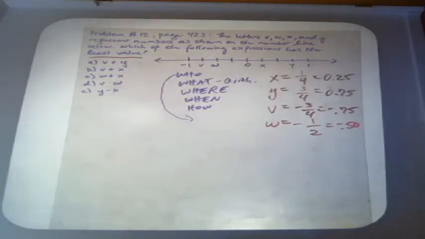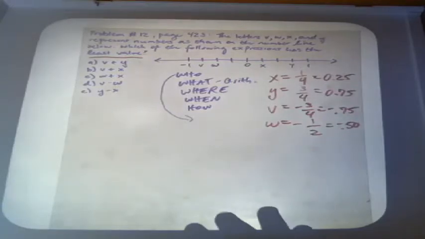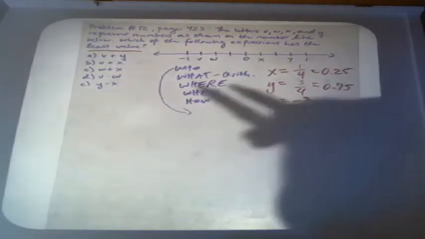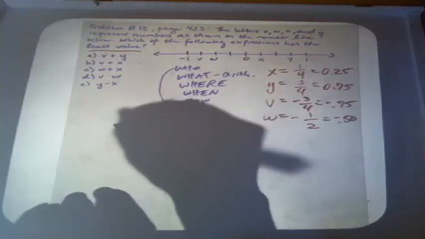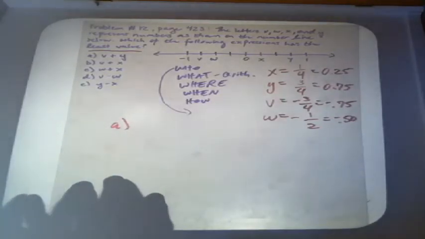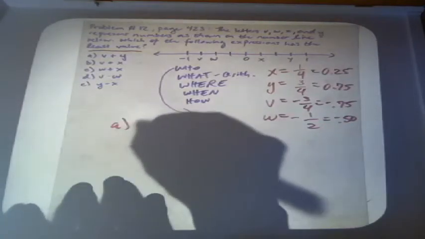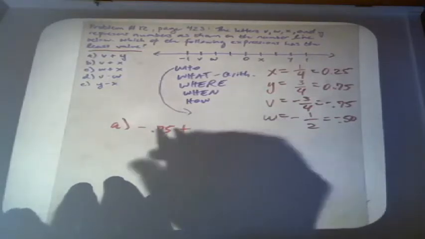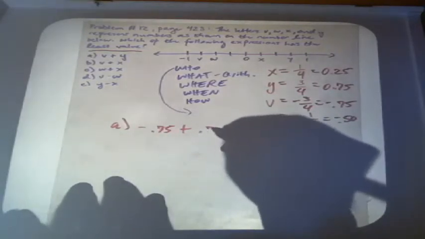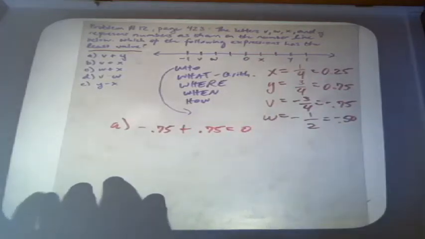Alright, so now we have numbers for all of these letters, and all we're going to do is plug them into the answer choices and see which yields the least value. We'll start with A, which wants us to add V and Y. V is negative 0.75, so we add negative 0.75 to Y, which is 0.75, and that gives us 0.